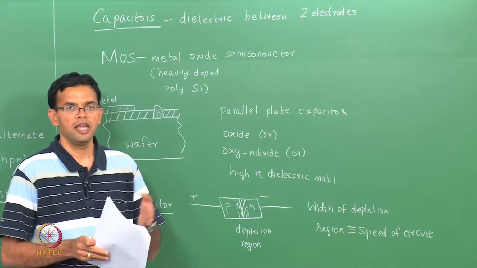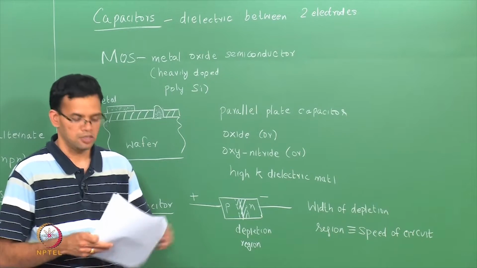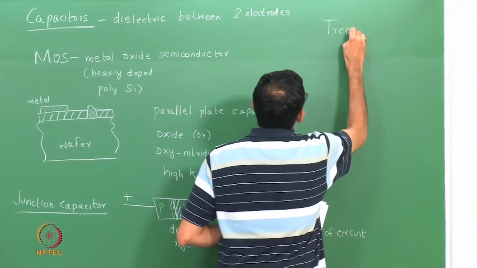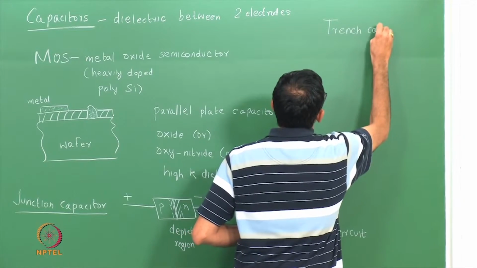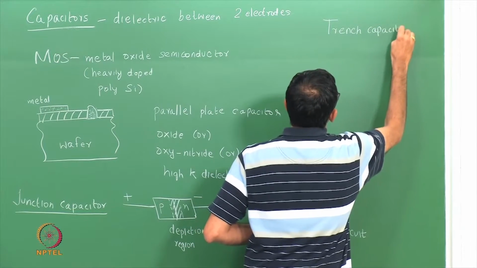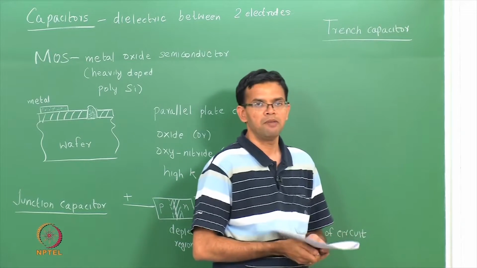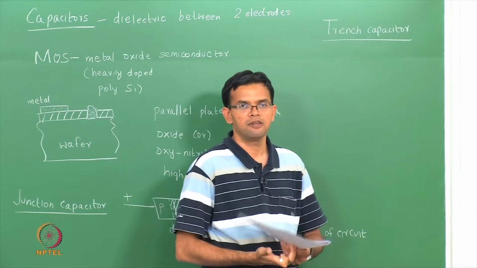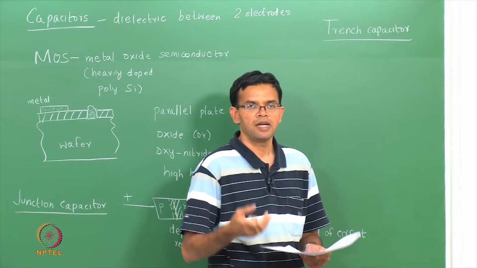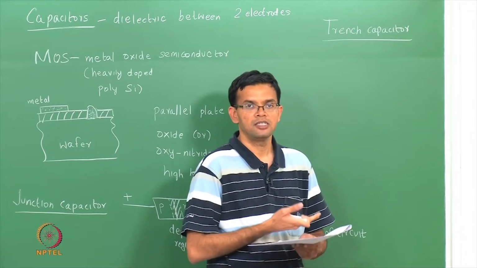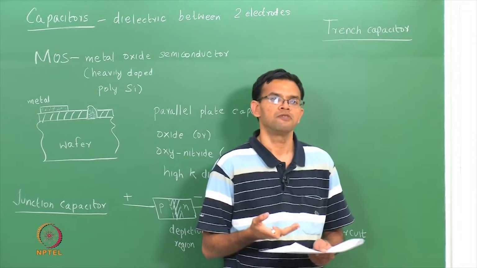minimize the area of the capacitor on the surface. So, if you look at a simple metal oxide semiconductor based capacitor, the capacitor is fabricated in such a way that the dielectric is parallel to the wafer surface.